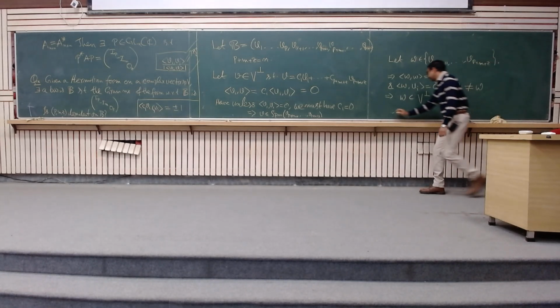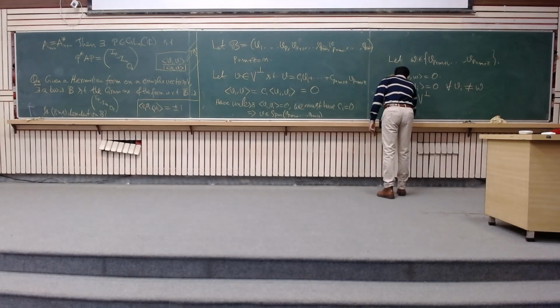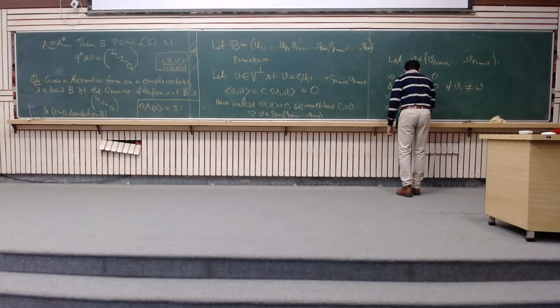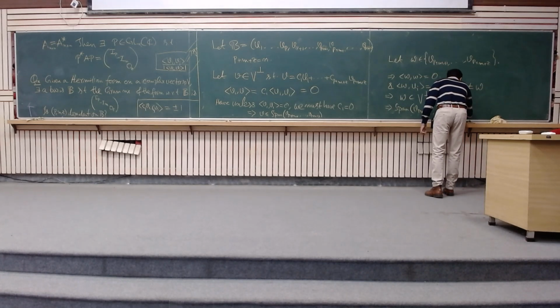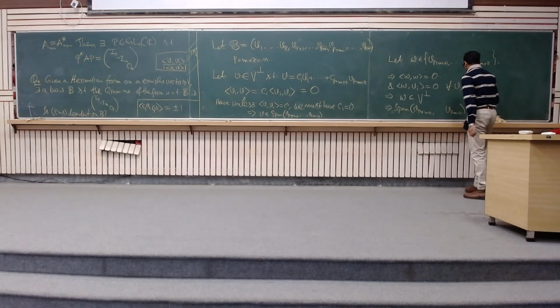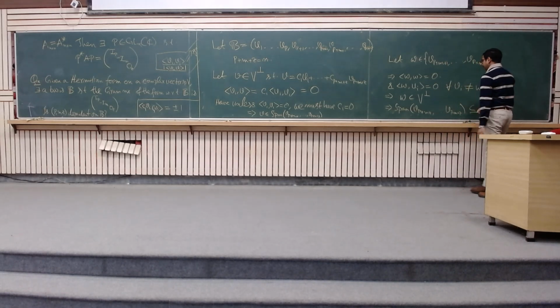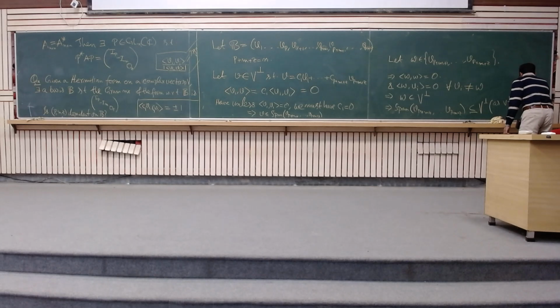Since V_perp is a vector space, that would mean the span of V P plus m plus 1 up to V P plus m plus z is inside V_perp, as V_perp is a subspace. That's easy to check by definition.